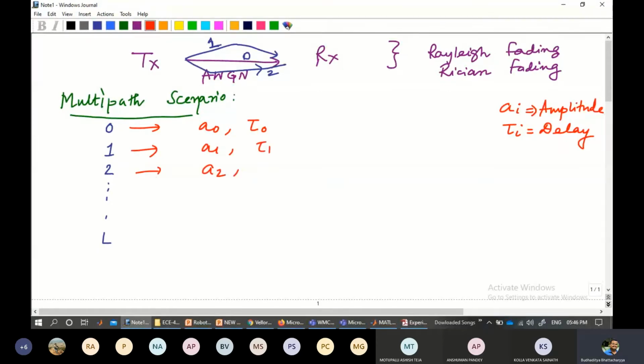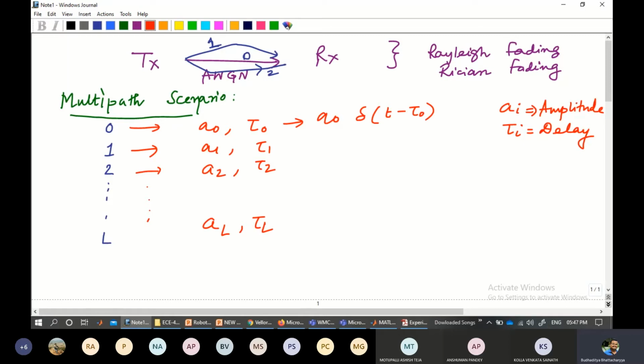This might be A2, tau 2, and like that it goes to AL, tau L. Now, if you are familiar with the conventional LTI system from control systems, you must agree that this whole thing can be represented as something like A0 times the impulse response of t minus tau 0, because at that tau 0 instant only the signal exists. So that is an impulse-response-based representation of the zeroth path.